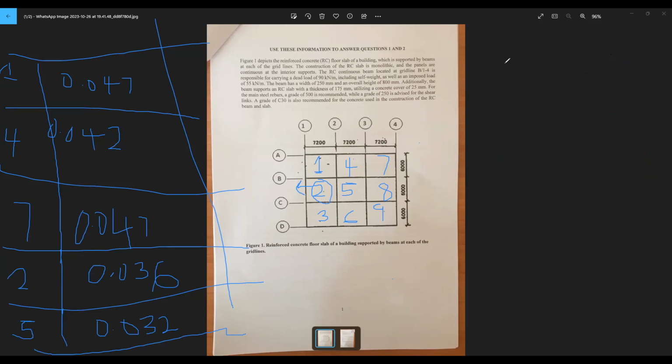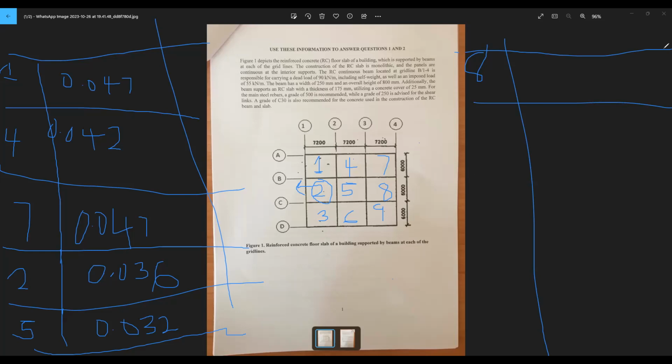Okay. So here is the case where I'm going to panel 8. On my panel 8, we classified panel 8 as a short edge or one short edge discontinuous.